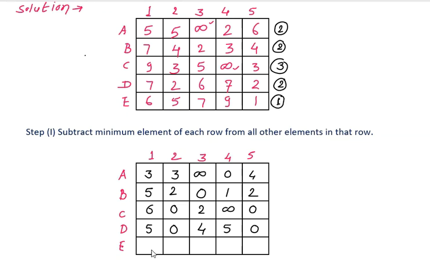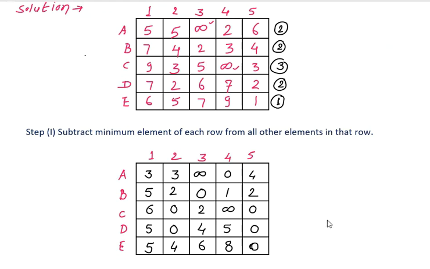Subtracting 1 from all the entries, we get 6 minus 1, 5 minus 1, 7 minus 1, 9 minus 1, 1 minus 1.